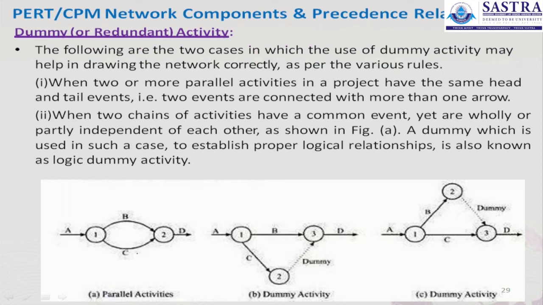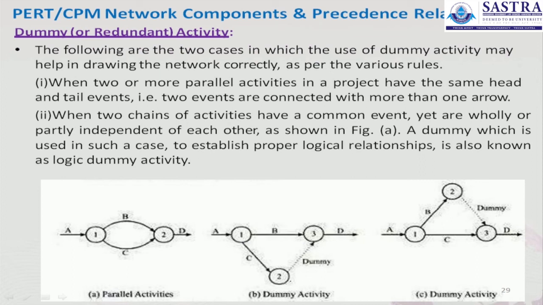We are not having any dummy activities here, but in the second drawing there are activities A, B and C, and through C we have a dummy activity D, so from C to D we have a dummy activity.